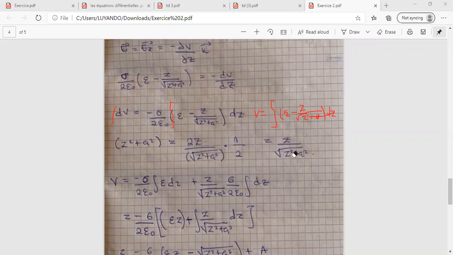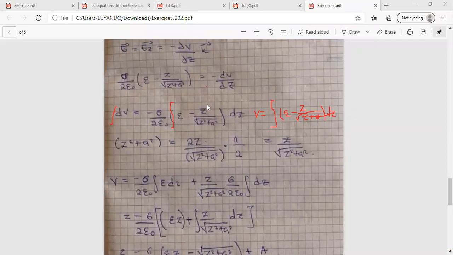I remember last time when I was teaching, I was talking about primitives of some functions. So I have a primitive z over square root of z squared plus a squared, and my primitive for this function is this guy here. So if I integrate z over the square root of z squared plus a squared dz, I'm going to get this guy here.